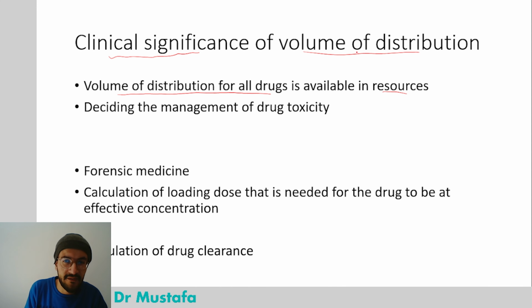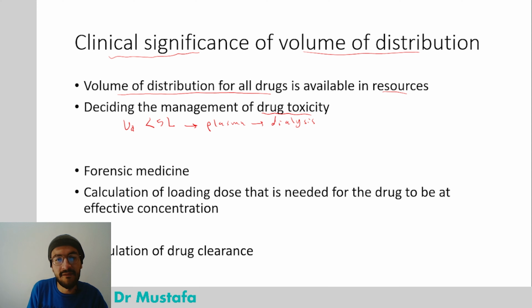Also, the volume of distribution is very helpful in deciding the management of drug toxicity. Depending on the drug that the patient has toxicity with, if the volume of distribution for that drug is less than 5 liters, this means the drug is only in the plasma and we can use dialysis for that drug.